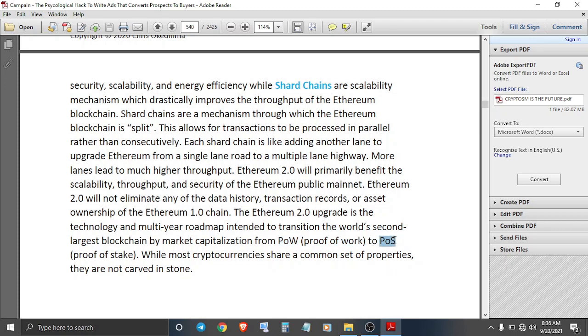But in a proof of stake system, it requires just a specific kind of registration, staking or owning a certain amount of ether. Then once you own that amount of ether, there's a way you come into the system and become a full miner.